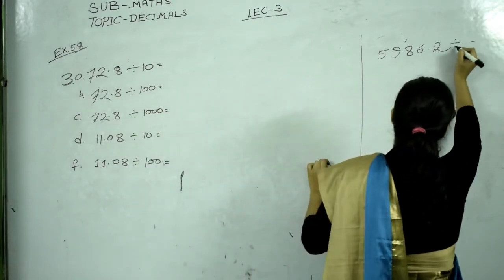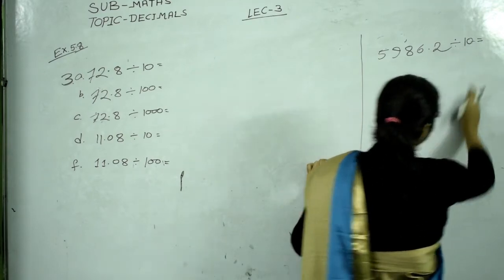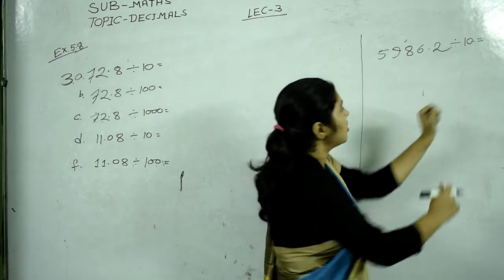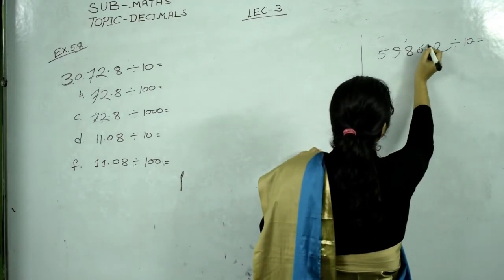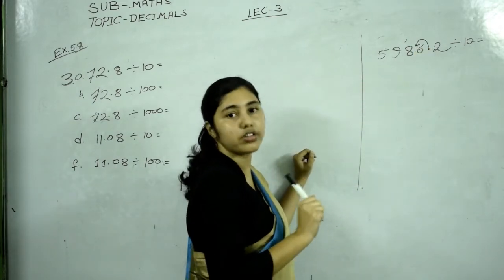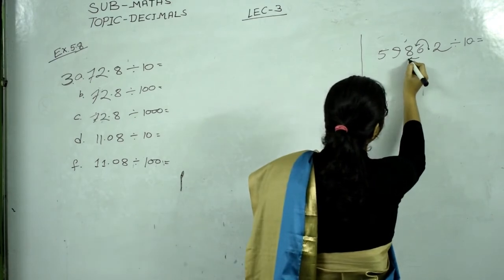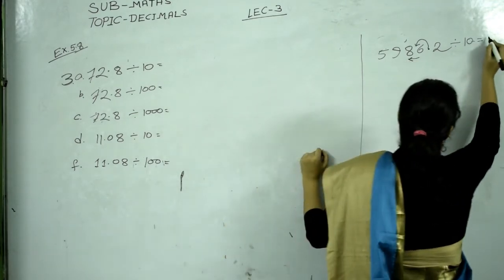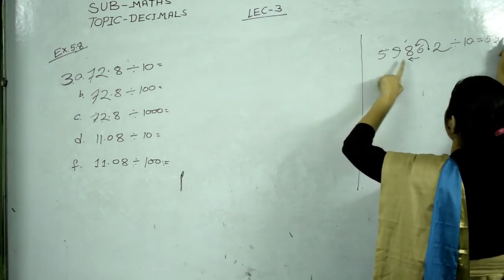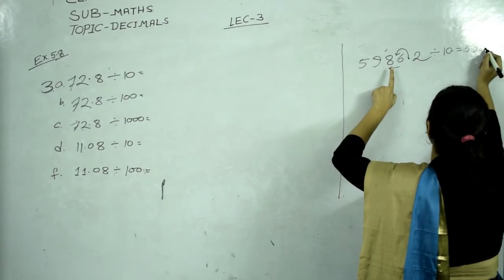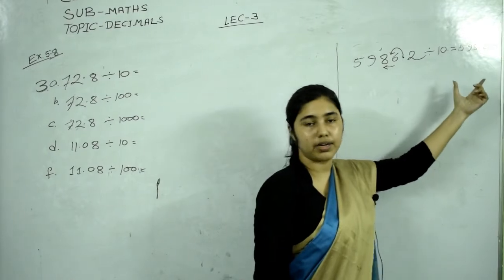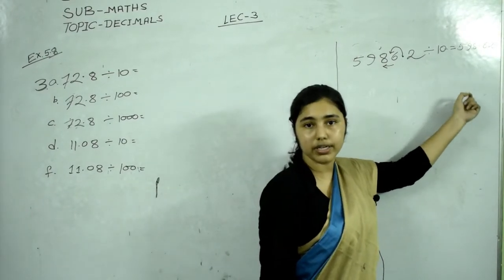And if we divide this number by 10, now in case of division, the point will shift 1 place to the left, not right. So our answer will be 598.62.